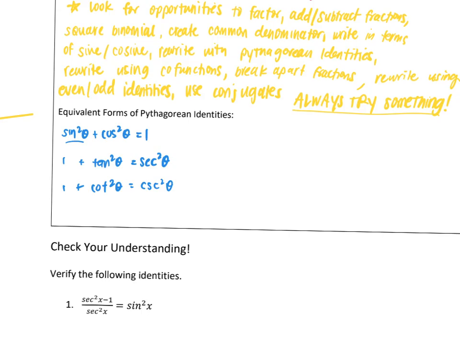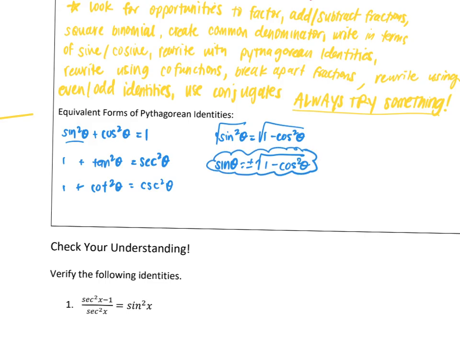So if I were to isolate sine, I'd subtract cosine squared from both sides, and I get sine squared equals 1 minus cosine squared. But if I wanted sine by itself, I could take the square root of both sides and get plus or minus square root of 1 minus cosine squared theta. And so that is an equivalent form.